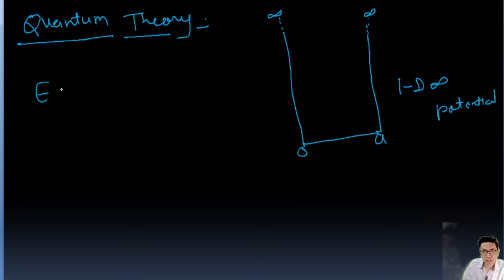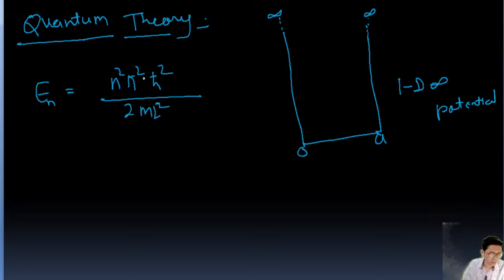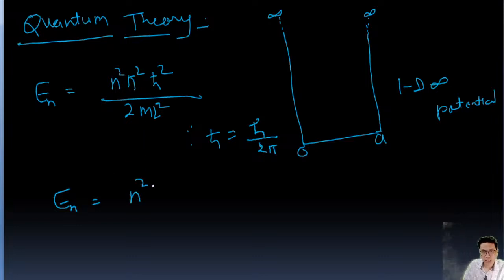The energy En is equal to n square pi square h cut square upon 2 m L square. Since h cut equals h upon 2 pi, we put the value, so En is equal to n square h square upon 8 m L square.